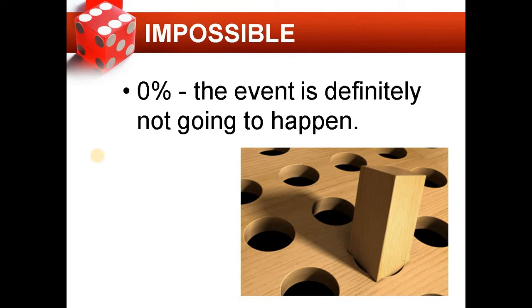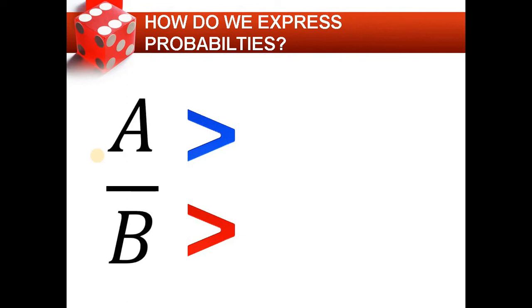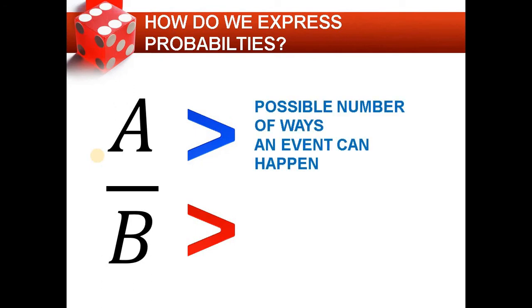So those are four types of describing probability. So how do we express probabilities? How do we write the probability of something? We have A over B, and it will be written as a fraction. A is the number of ways an event can happen, meaning the number of ways that you like to happen.